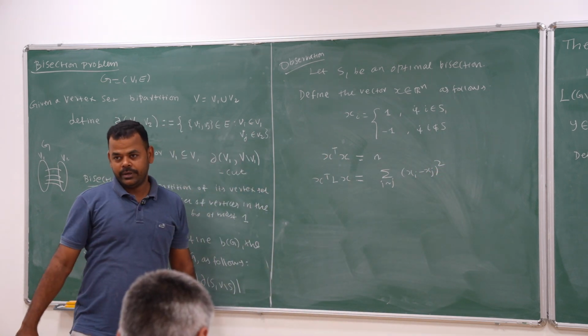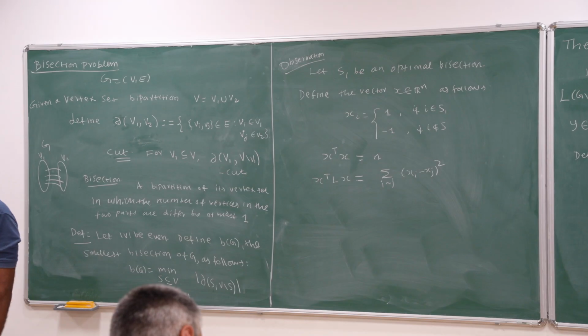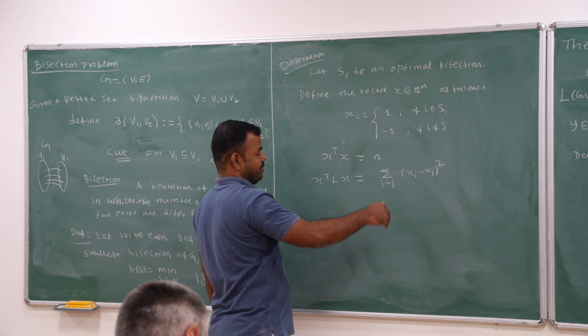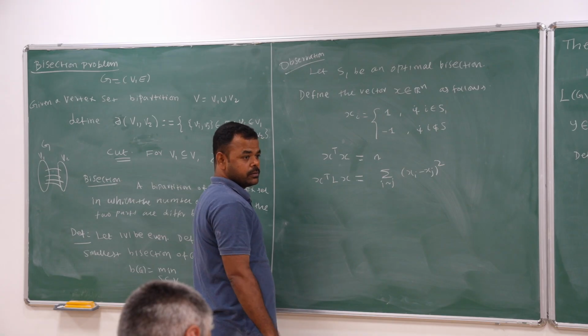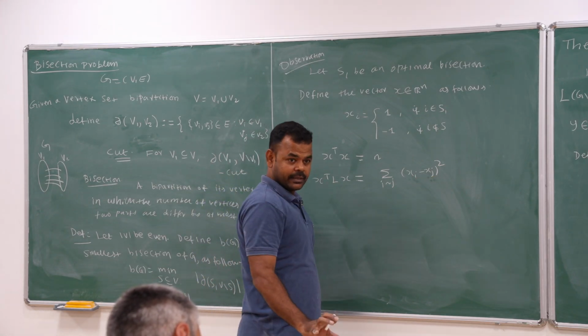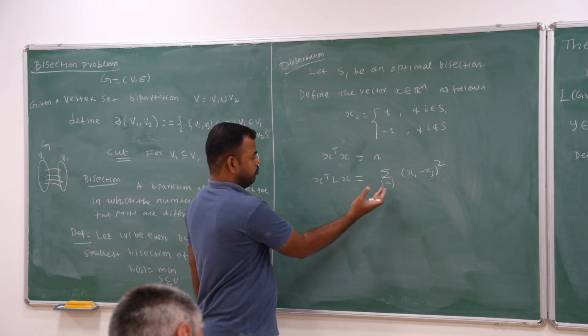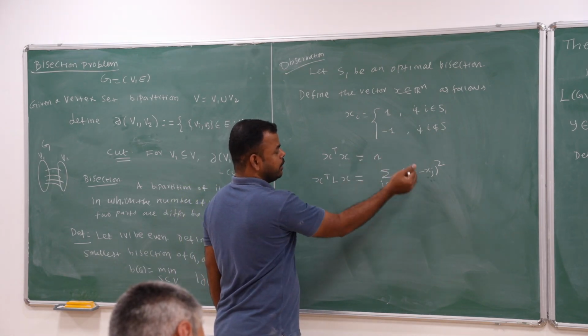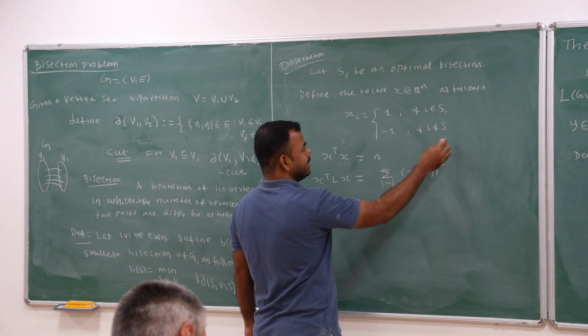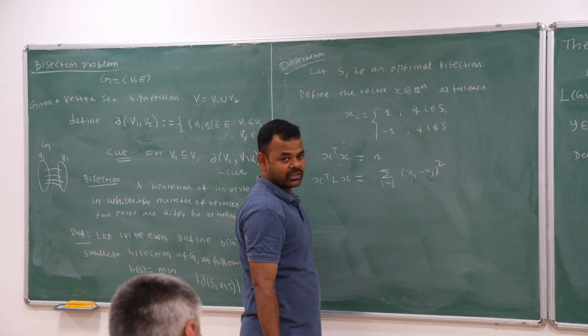Now see the possibilities for xi minus xj. Both xi and xj are from the set plus or minus 1. If xi and xj have the same sign, then it is 0. In terms of the definition of the vector, if both have the same sign, then both should be in S or both should be in the S complement.